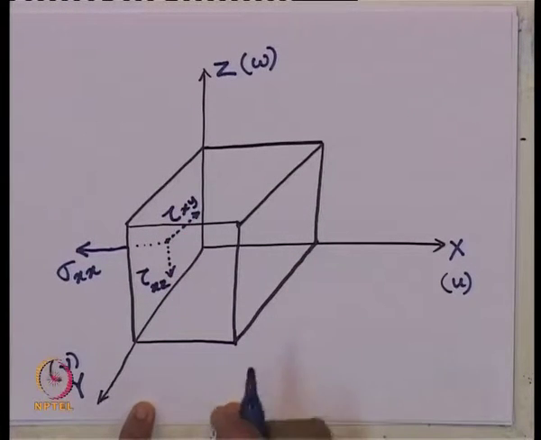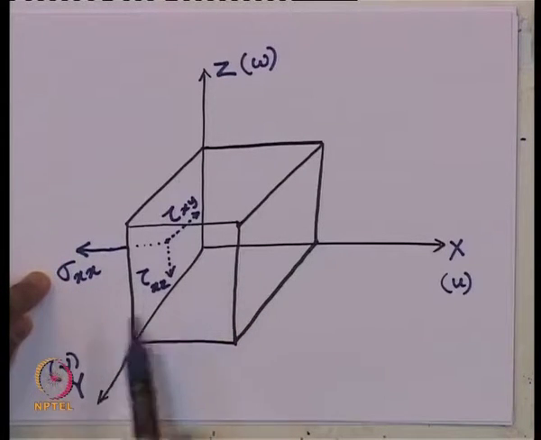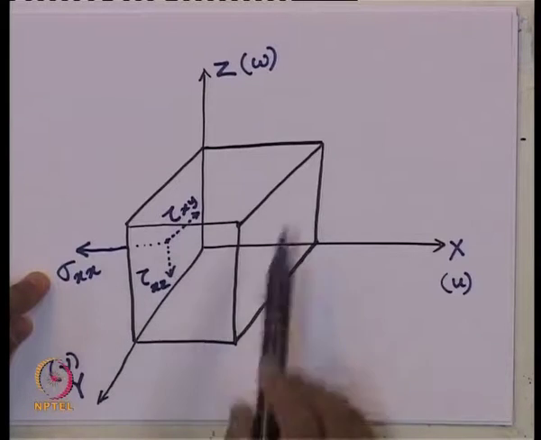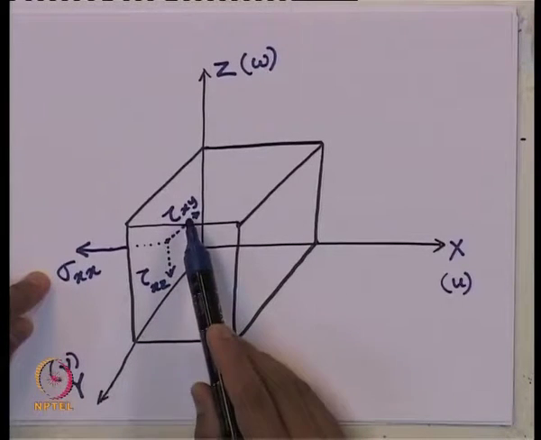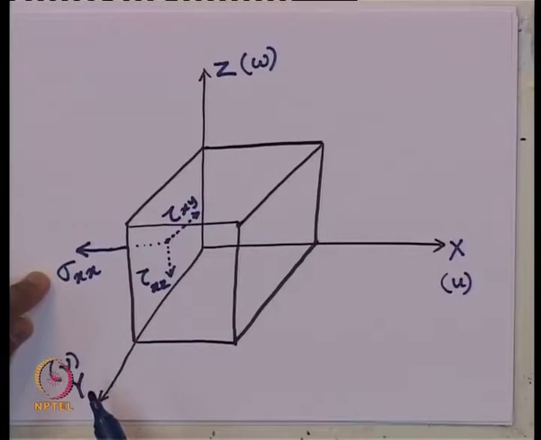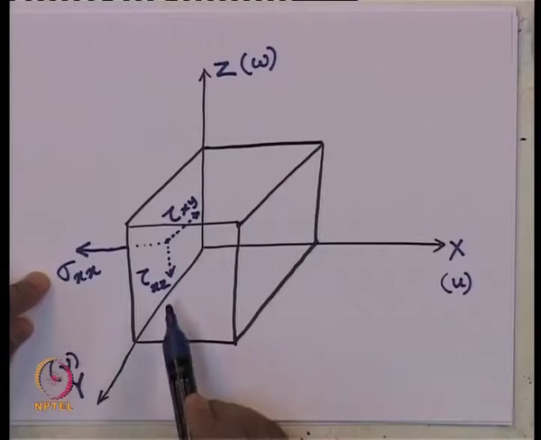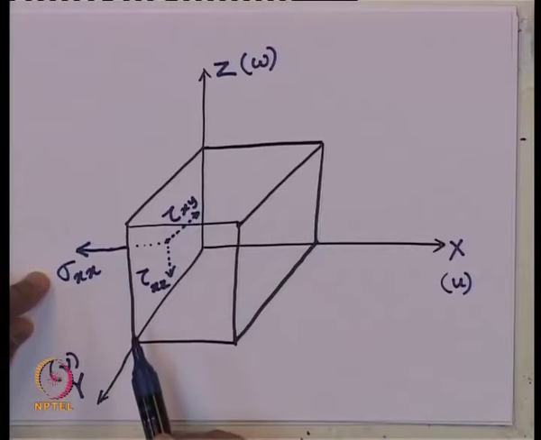One convention for writing the stresses you must be knowing. When we write any stress in 3D, with these two axis subscripts, the first one shows on which plane the stress is acting, and the second one shows in which direction the stress is acting. Clear?